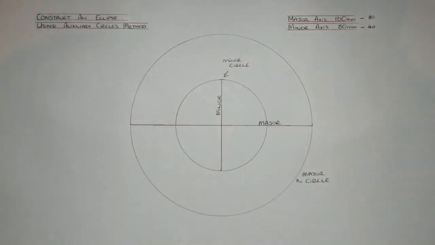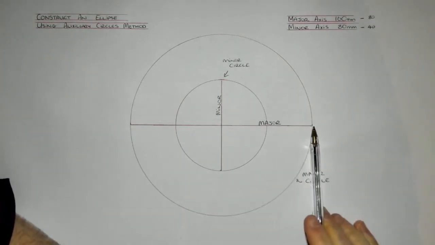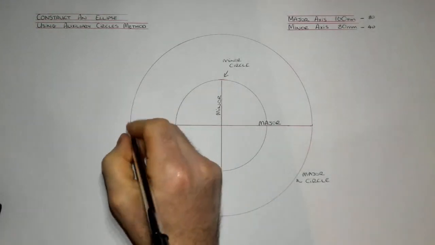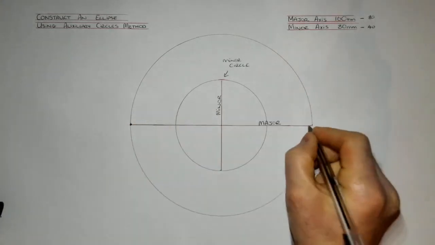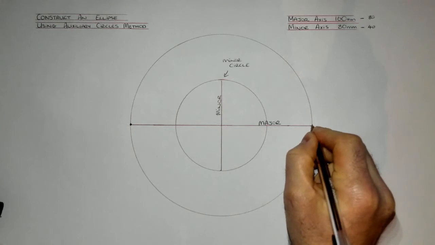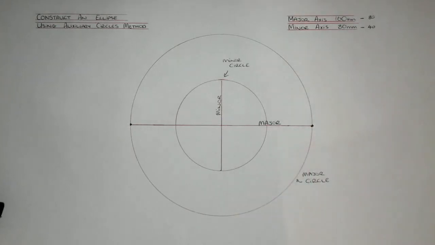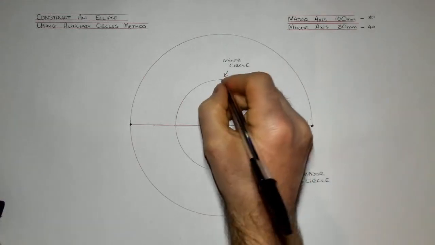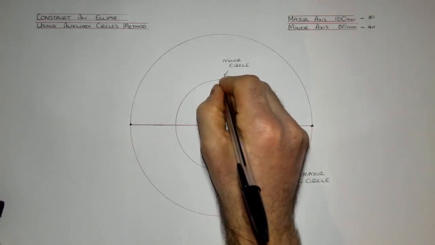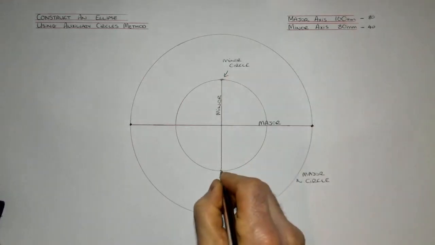Okay, and what's important to note is that on either end of the major axis, those are 2 points on our ellipse. So we've got a point here and a point here. And it's the exact same for the minor axis. At either end of the minor axis, we have a point here and a point here.